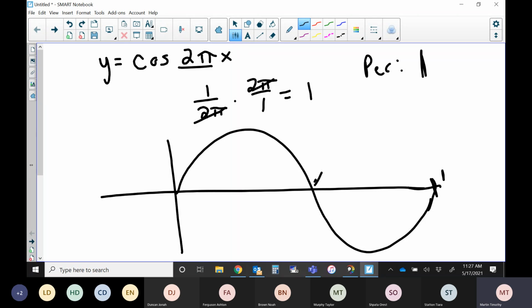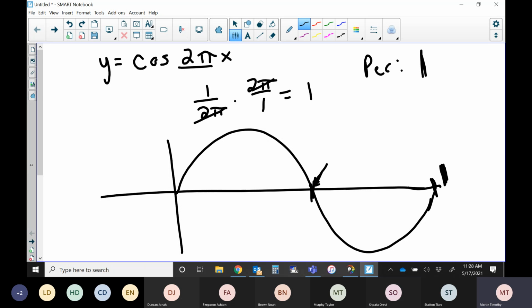What does that mean this number would be? Where is that going to be happening then? Pi? Nope. My period is 1. The number is actually 1, not pi. Where does this take place? The halfway mark, correct?